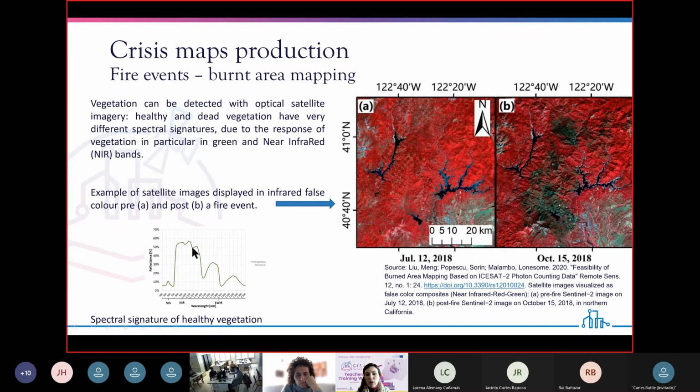So if we exploit this property and we display the near infrared band on our screen, we can more easily detect where is healthy vegetation and where it is not.